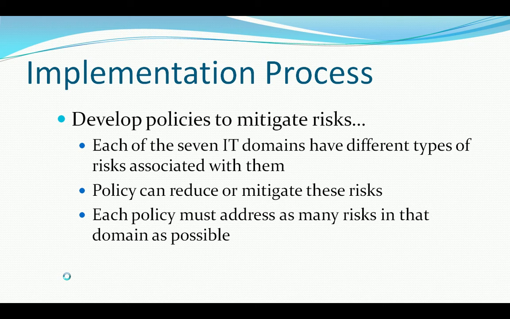A policy must address as many risks in that domain as possible. So in our user domain policies, we're going to try to mitigate all of the risks in that domain. And the policies could cross the different domains. You don't have to pigeonhole yourself into one domain at a time as you write policies. They're going to blend together these different domains.